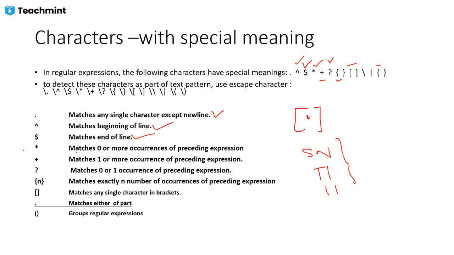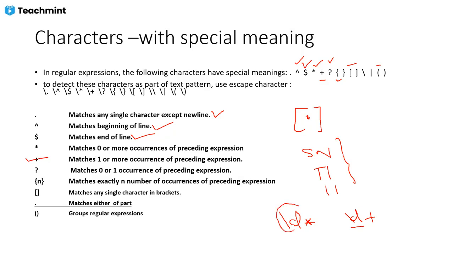Next, star matches zero or more occurrences of the preceding expression. If I put slash d and star, that means even if a digit is not given, that is also correct. Even if a digit is not given, your input is proper. If I put slash d plus, that means it is expecting one digit, so plus matches one or more occurrences of the preceding expression.